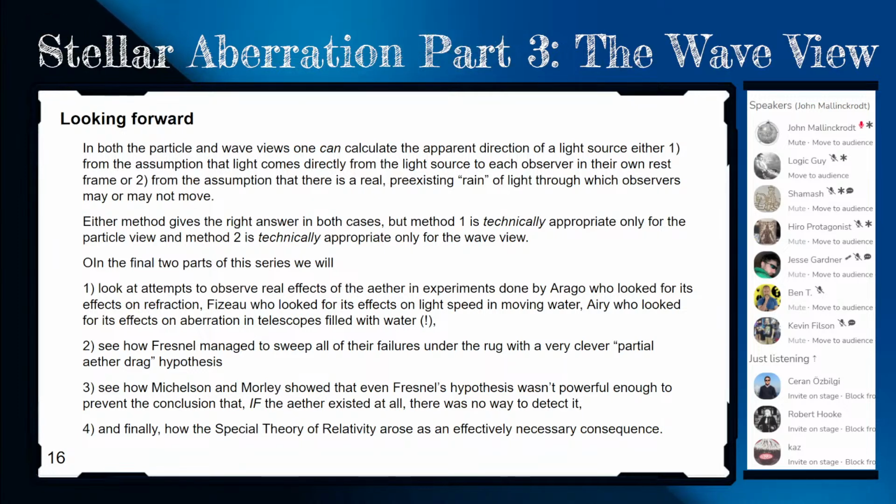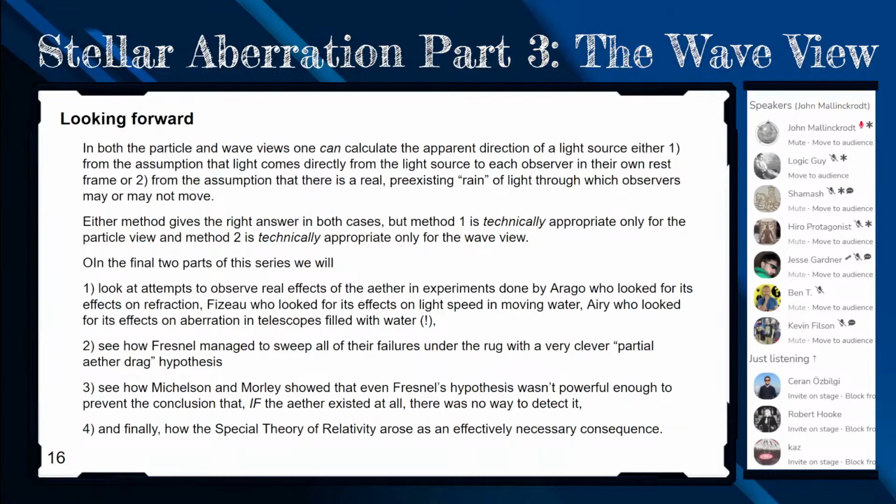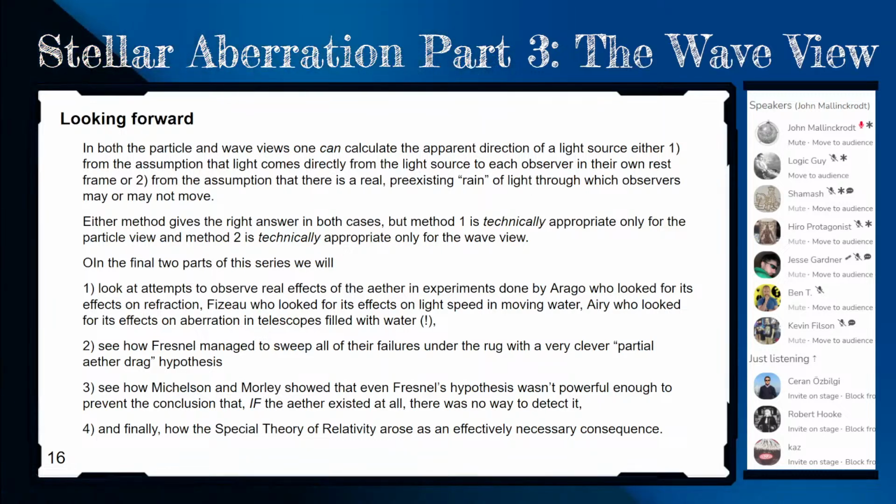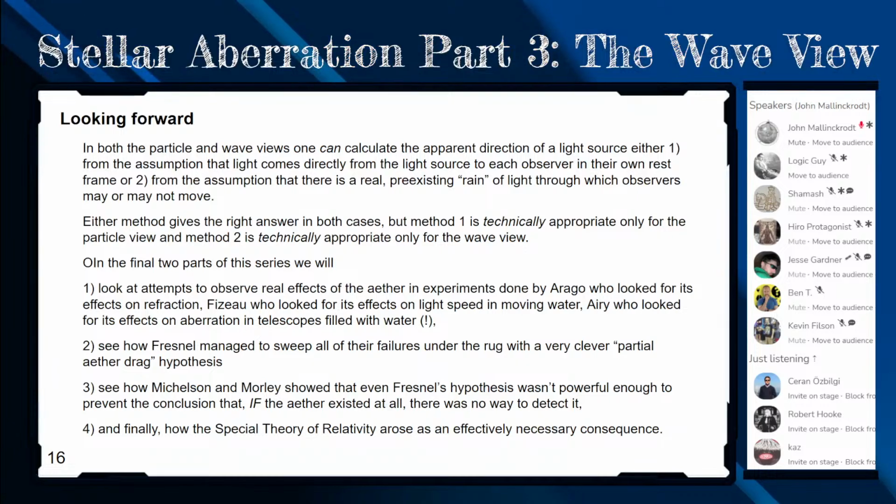That hypothesis turns out, Fresnel didn't know it at the time, but he was really deriving what turns out to be the relativistic velocity addition formula, but he didn't think about it that way at all. He thought he was sweeping away the failure to observe the ether with this hypothesis that kind of explained why they weren't able to detect it.